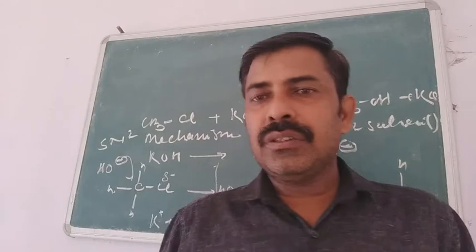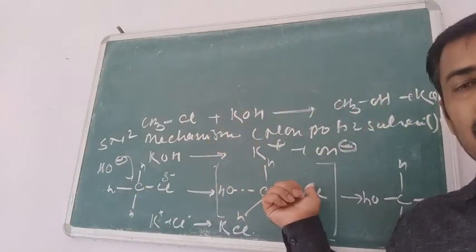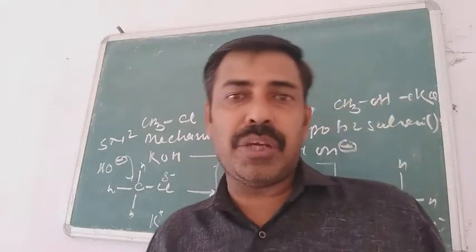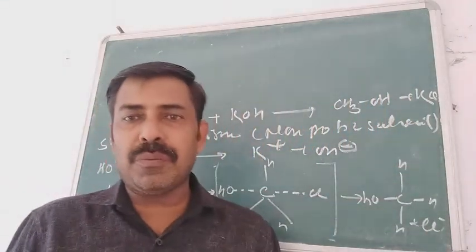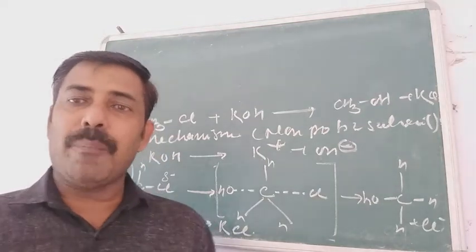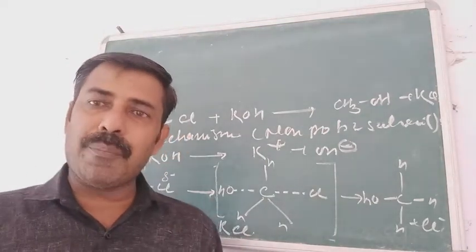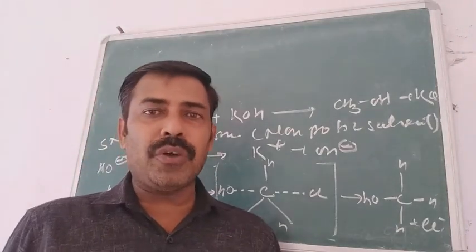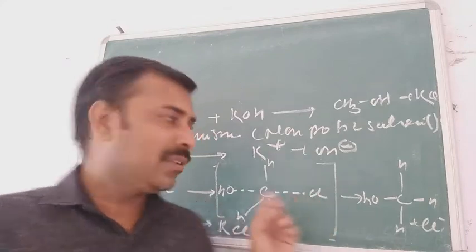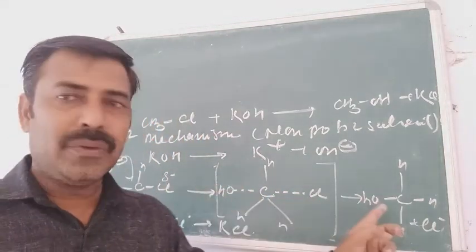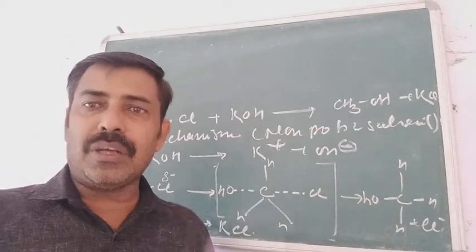When we look at the stability of this pentavalent intermediate, whether it is stable or unstable, we know that carbon has the capacity to make a maximum of 4 covalent bonds, that is, the maximum covalency is 4. So carbon is not going to form 5 bonds at any time, but this is a transition phase. You can say that the reactant is turning into the product.